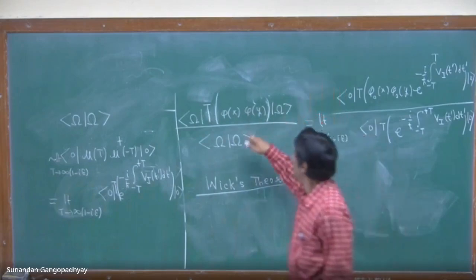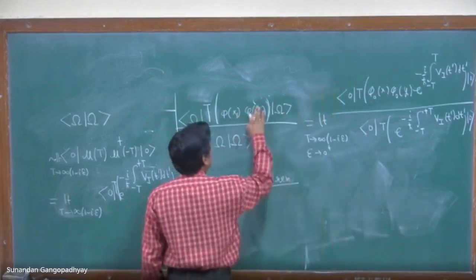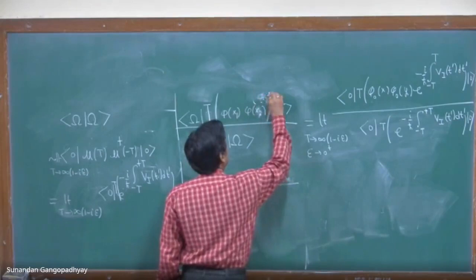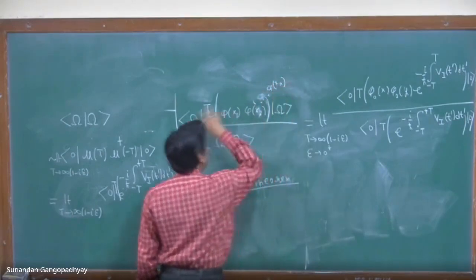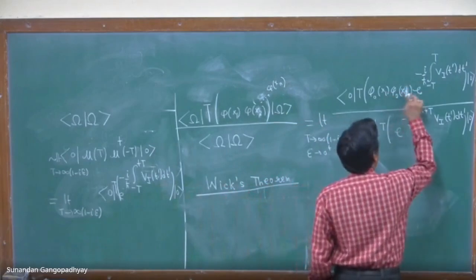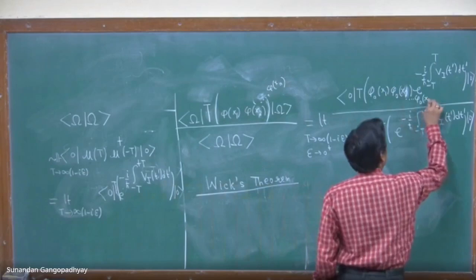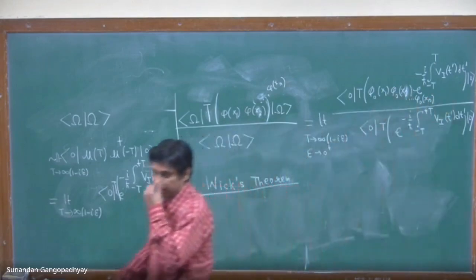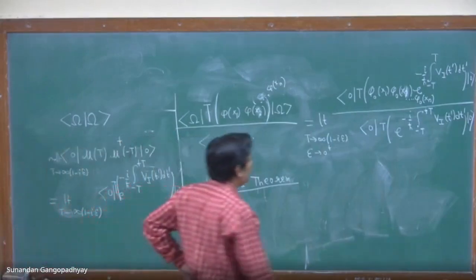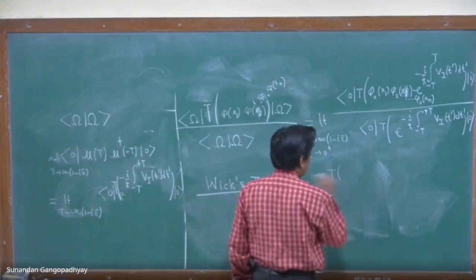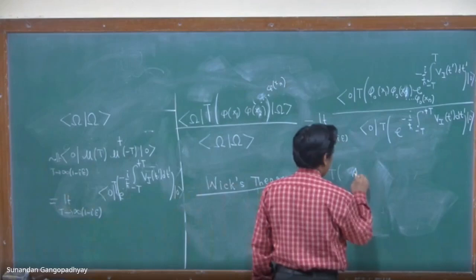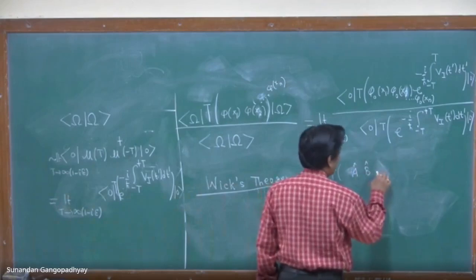If you have, say, φ(x₁), φ(x₂), up to φ(xₙ), and then take time ordering, this will just become φ₀(x₁), φ₀(x₂), up to φ₀(xₙ). It is valid for any string of operators. So what we need to know is how to calculate time ordered products of a string of operators.